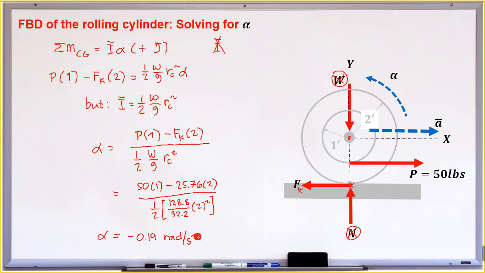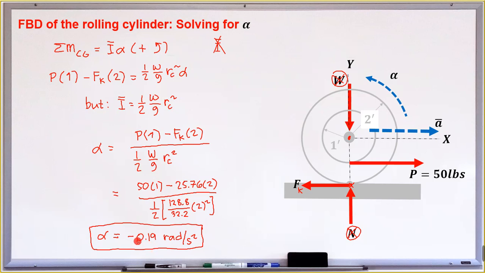So what does this negative sign mean, class? Although the rotation of our rolling cylinder is counterclockwise, a negative angular acceleration means that the angular velocity of our rolling cylinder decreases as it rotates counterclockwise, at a rate of 0.19 radian per second square.